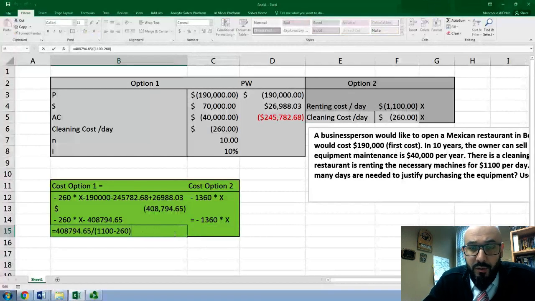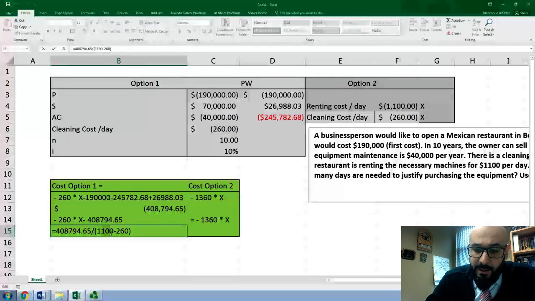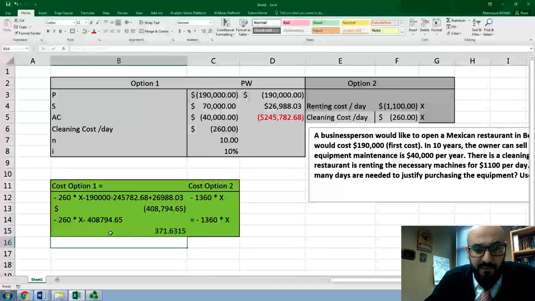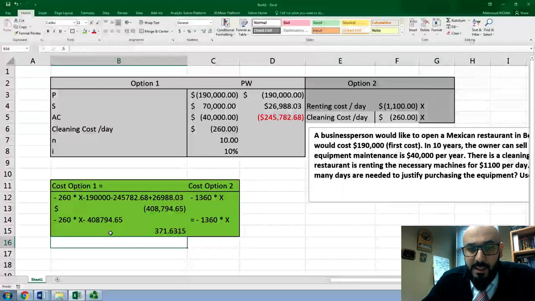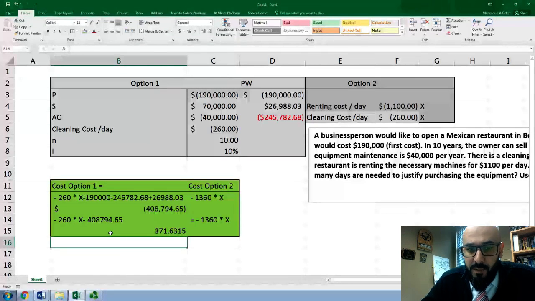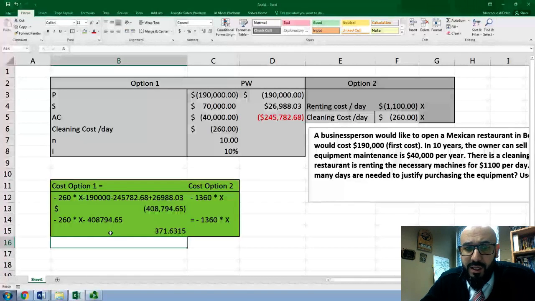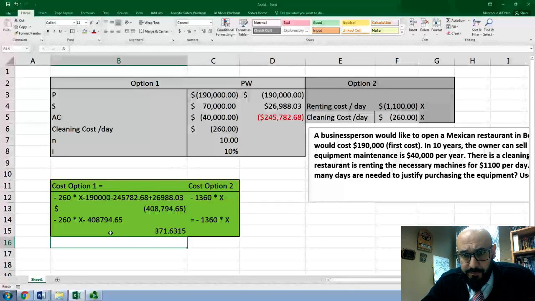Now you solve the equation for x, and that would give you about 371 days to justify purchasing the equipment. So the owner of this restaurant needs to work about 372 days in order to justify the equipment.